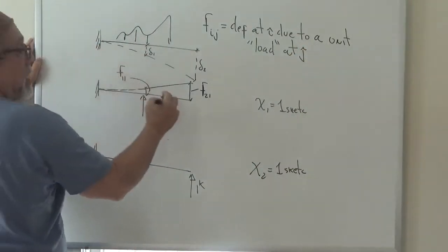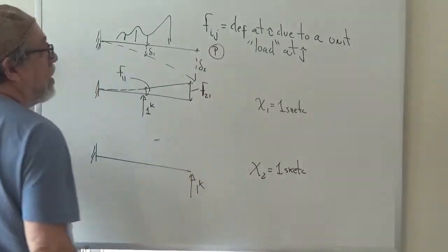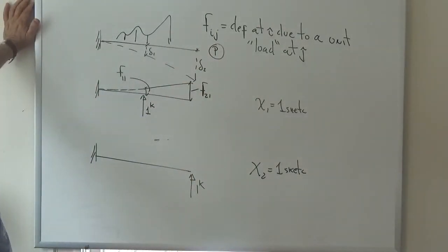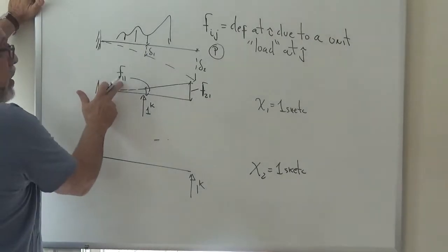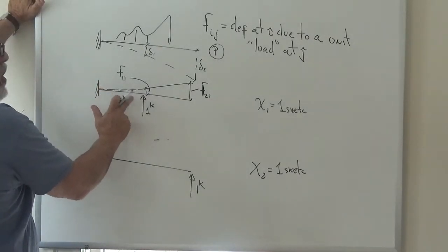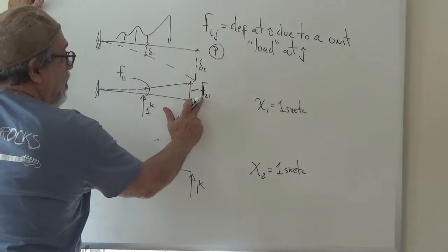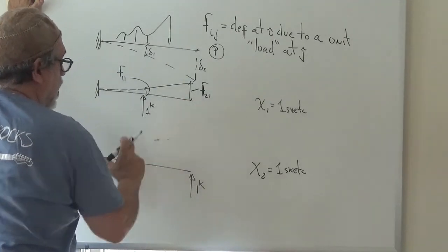This was the P-sketch. Okay? So this is F11 because this is the deformation at 1 due to a unit load at 1. This is the deformation at 2 due to a unit load at 1.